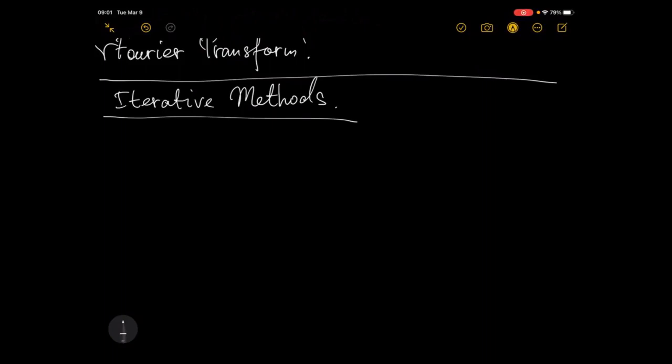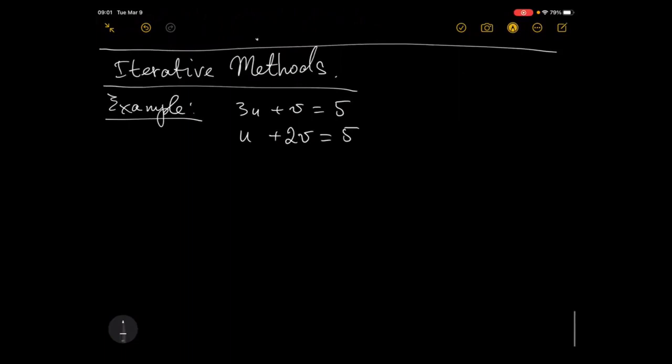And then you can do the following. Let us consider, for example, the following system of linear equations. A very simple system.